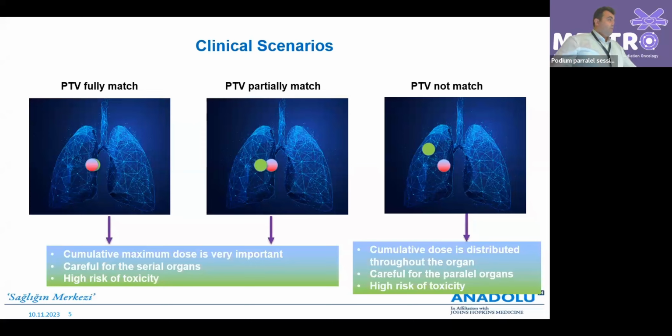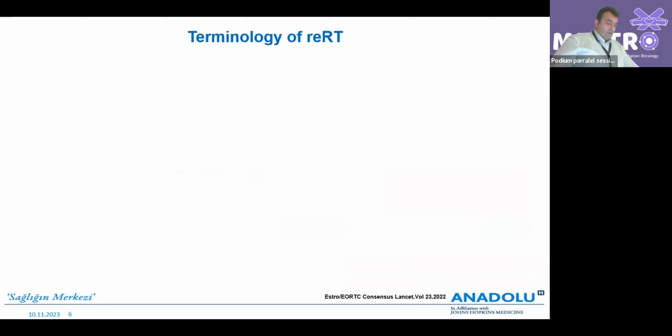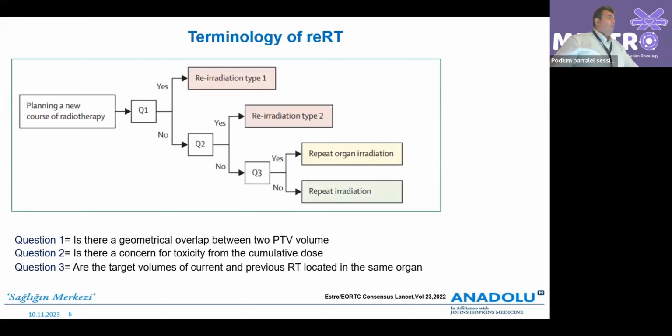The distribution of the cumulative dose is very important. So you should take into account the parallel organs. I mean the volume dose is very important, and of course you will have high toxicity if you exceed the volume dose values.